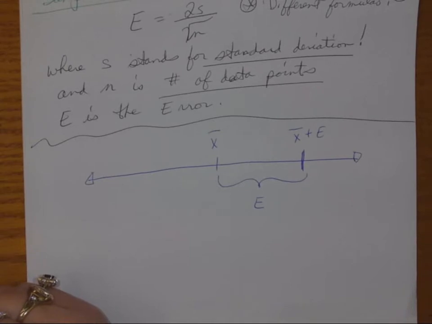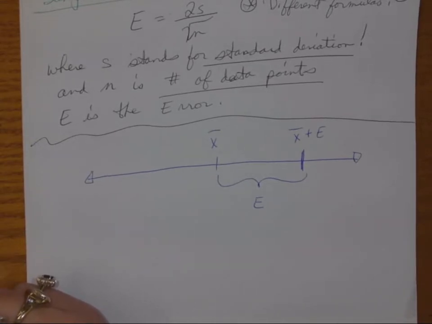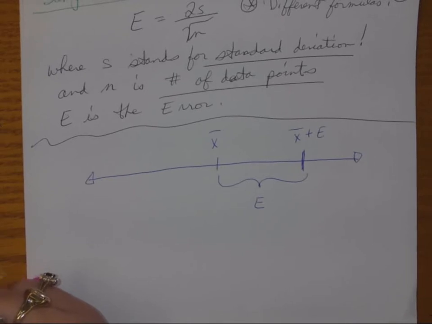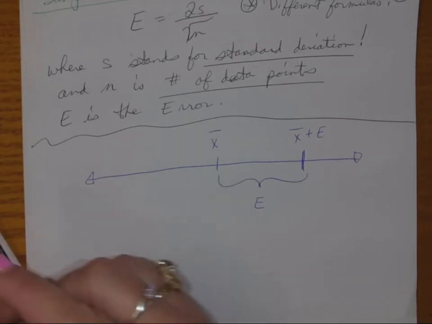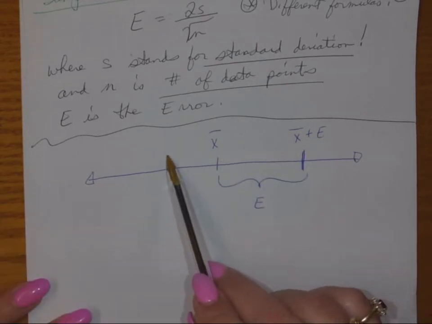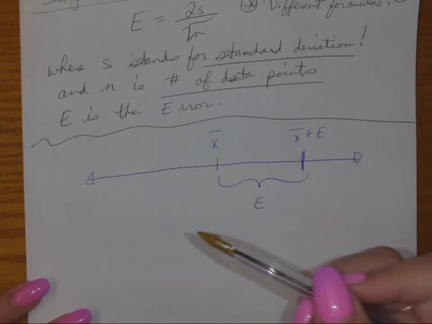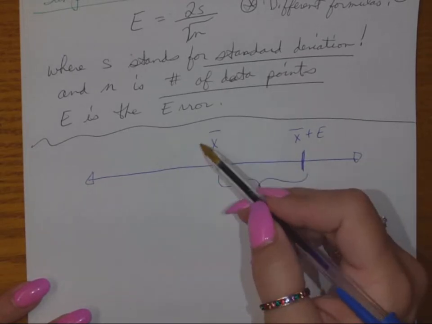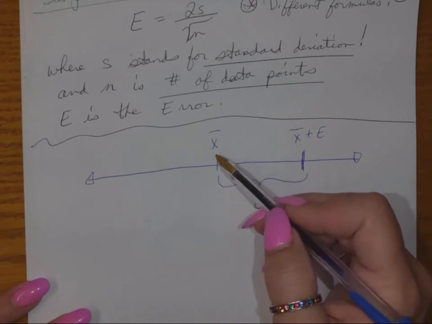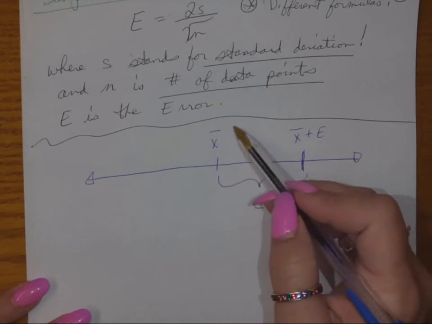Now, we did something similar to this when we did the normal curve, right, with the standard deviations and finding outliers and stuff like that. So basically what we're saying here is that the ones that we expect to happen are going to fall in here, right? So we expect if this is my sample mean, we would expect the population parameter to be fairly close to the sample, right?